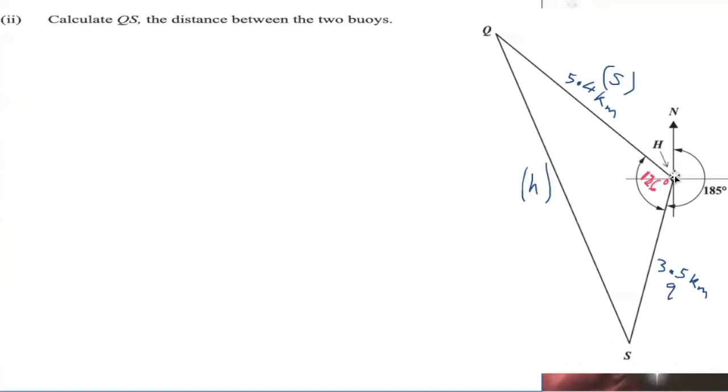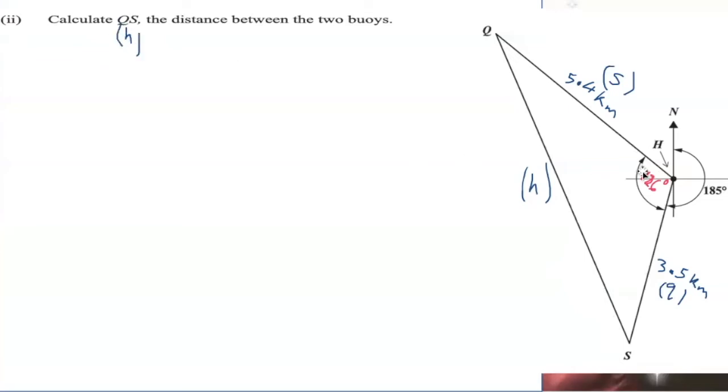Since this is capital H, I can label this side as small h, and the angle capital S is facing this side, so I can call it small s, and for angle capital Q, I can label the side facing it small q. Now, having this information, it means QS is h. That's what we're trying to find: what is h.